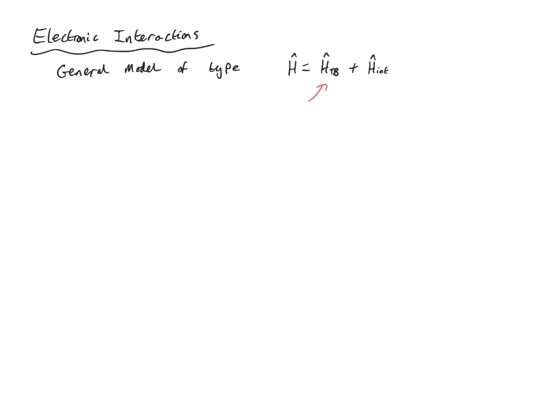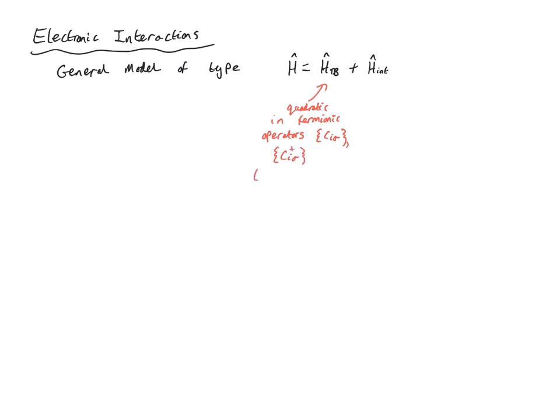One is the usual tight-binding model. So this is a quadratic Hamiltonian. It's quadratic in the fermionic operators, which are the set of Ci sigma operators and the Ci sigma dagger operators.